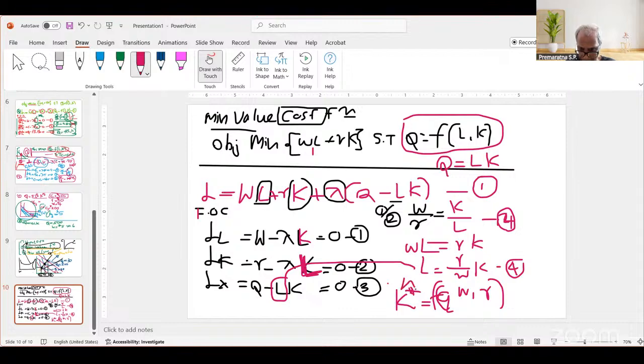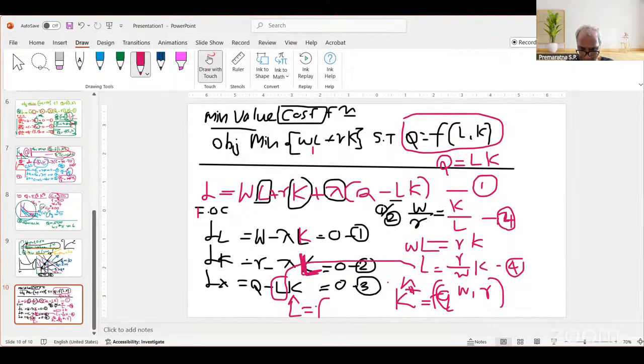Indirect capital demand function comes from minimization. Similarly, you can derive the L hat from the minimization. There also you get a function of Q, R, and W. That is what you call the indirect labor demand function.